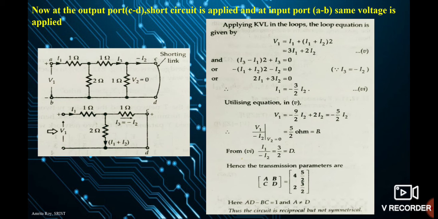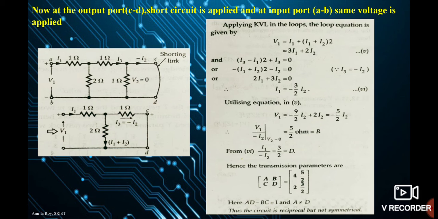So we will redraw the diagram and draw the equivalent circuit as a 1 ohm impedance connected in parallel with 2 ohm, and then again in parallel with a 1 ohm resistor, and then connected to the terminal CD.